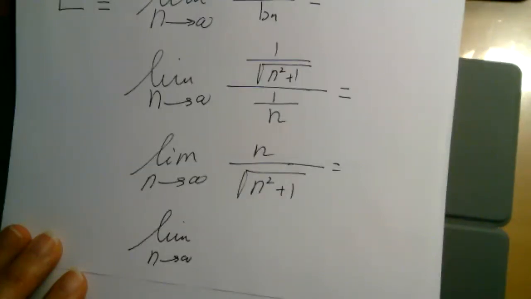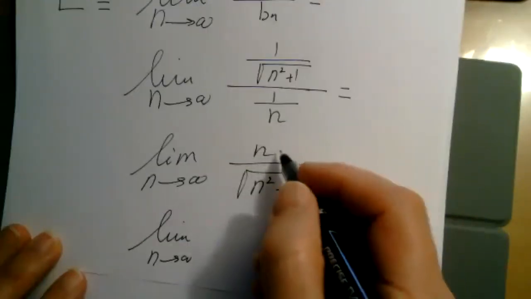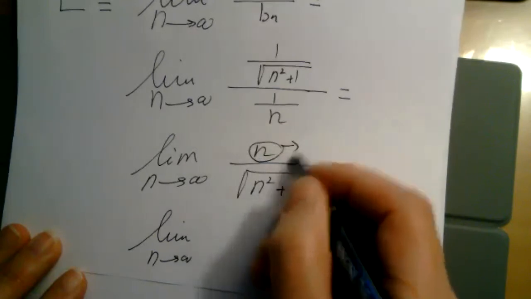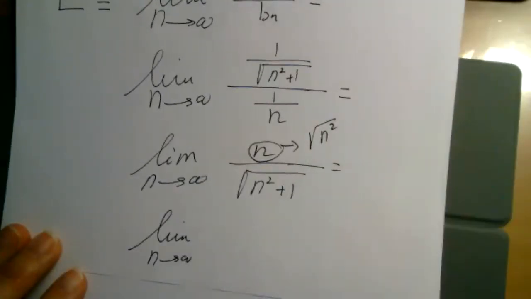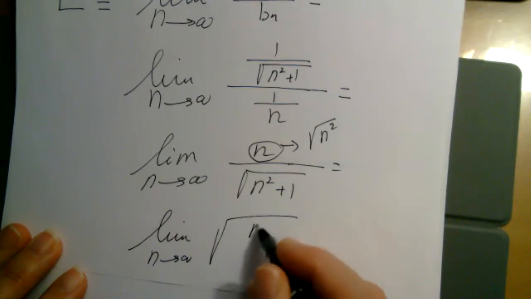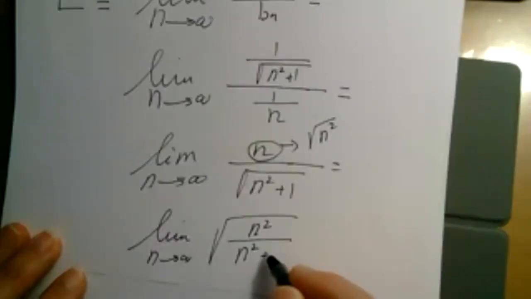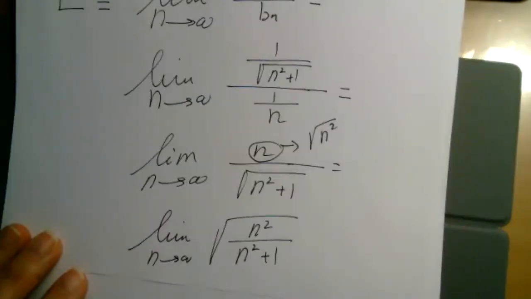Can you just put everything under the square root? We're going to put everything under the square root because I've done this before, this is the square root of n squared. And this will save the day for us.